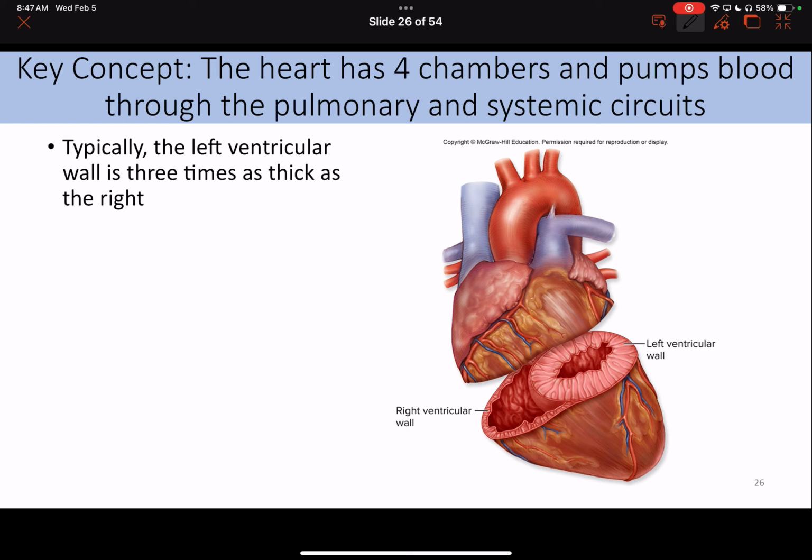The lungs. Are the lungs very far away from the heart? No. But then the left side has to be able to pump out to the entire body, all the way to the brain, all the way down to the toes. So that's a much farther distance. So the left side of the heart and the left heart wall needs to be much thicker and much stronger than the right side because it's pumping a longer distance. Does that make sense?